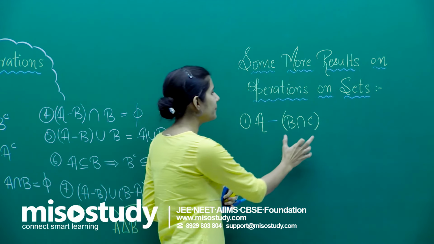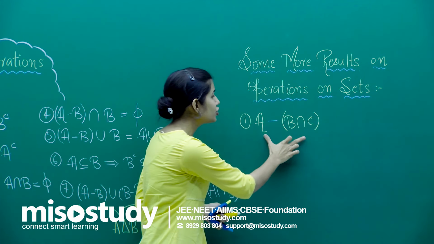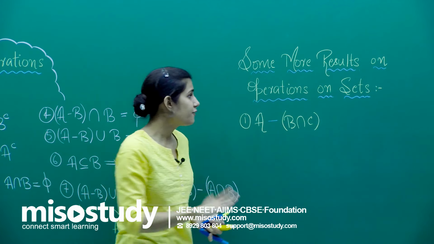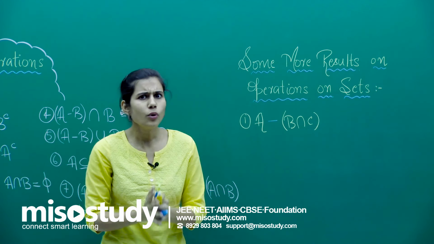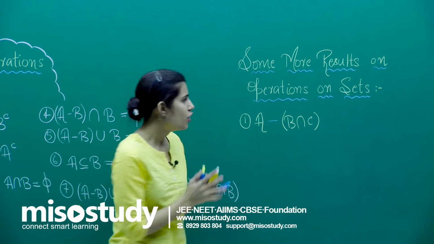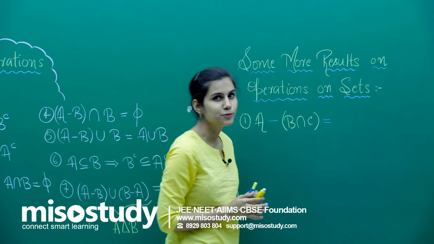Well, B intersection C is a set, A is a set, subtraction of two sets is a set. Therefore, on the right hand side, I am always going to get a set. But how will that set actually look? For that, hold on, because I have the description.